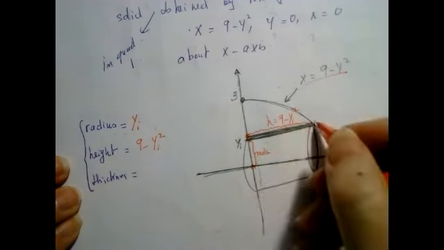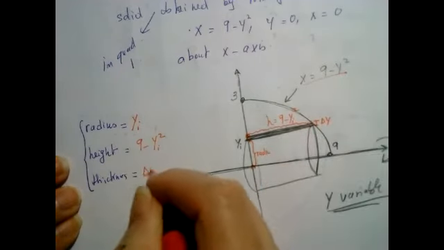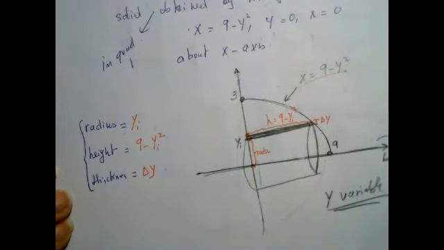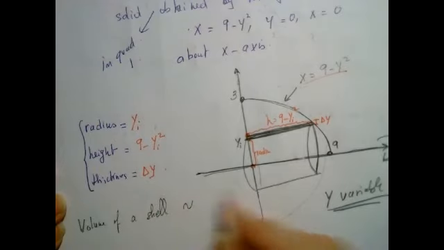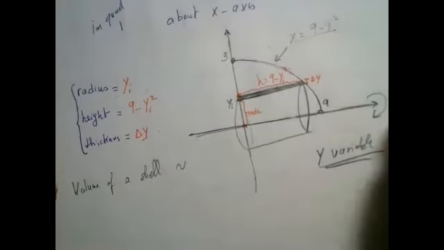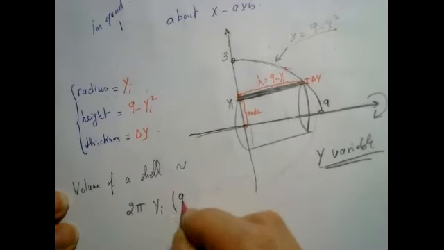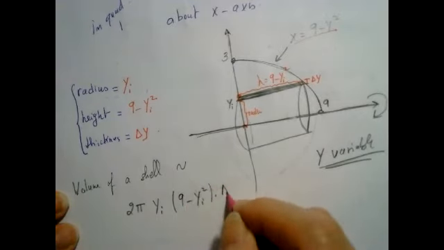The thickness is a little delta y. Delta y. So the volume of a typical shell is almost equal to the following: 2 pi times the radius times the height times the thickness.